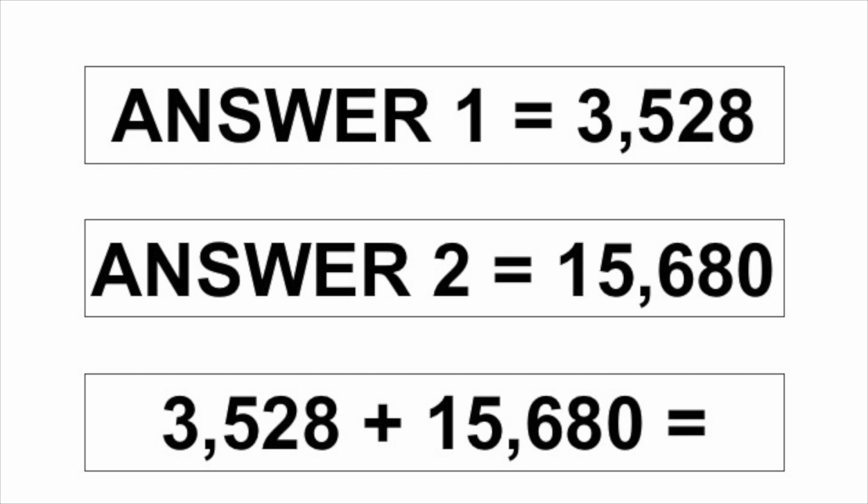So now what we do is we look at answer 1 and answer 2. And we don't have to multiply, we add them together. So 3,528 plus 15,680. I'll give you guys a few seconds, see if anybody can work it out.